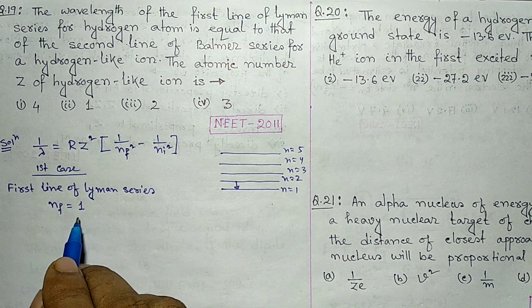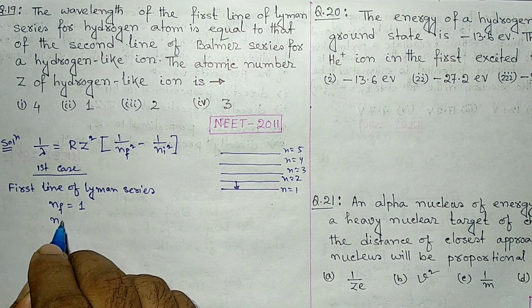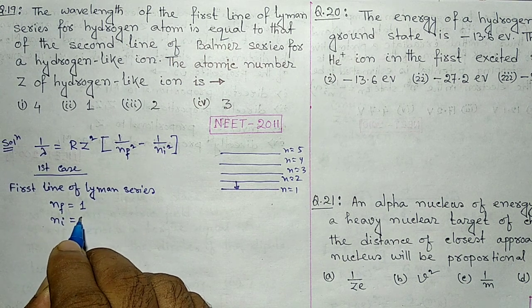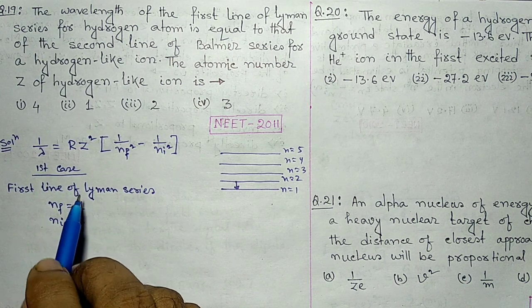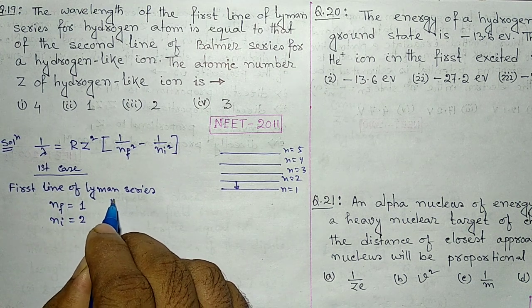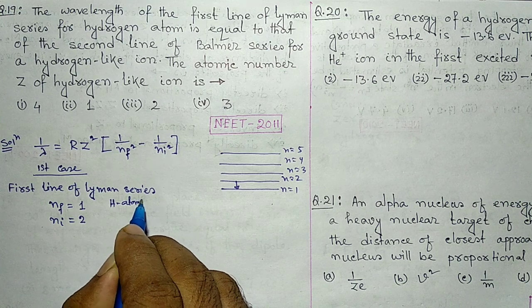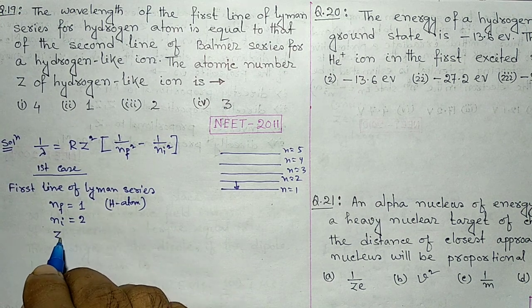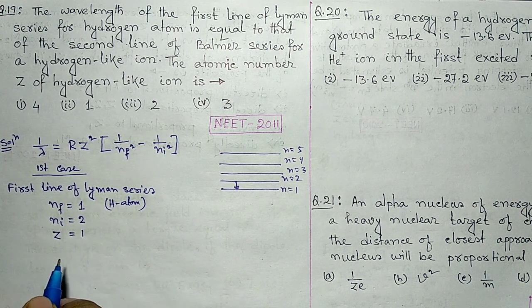So NF is equals to 1, Ni is equals to 2. And it is for H atom, so Z is equals to 1 here.